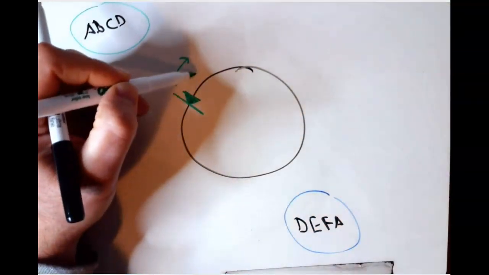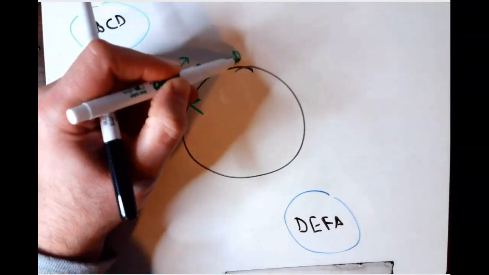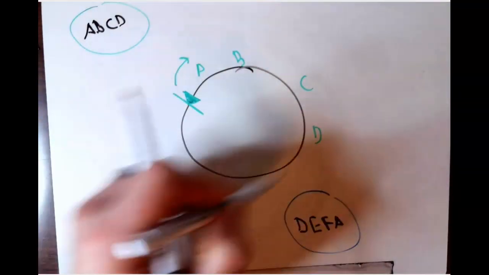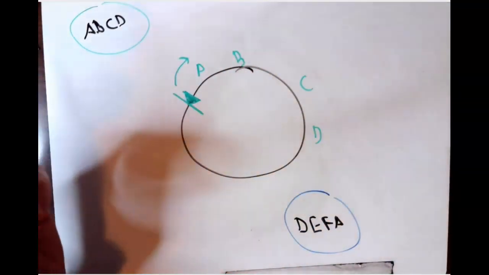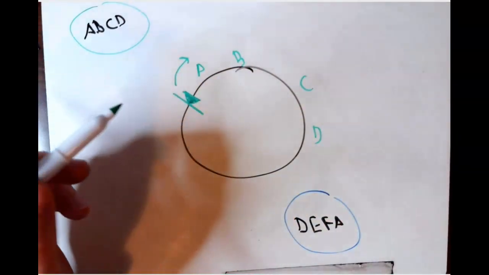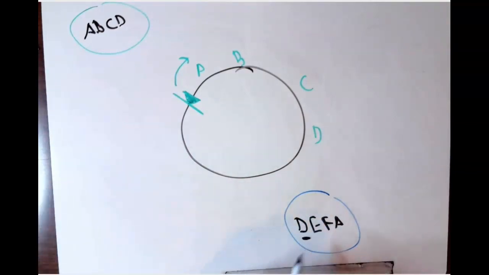For the green insertion site, we get A, B, C, D. We don't know what's going on in the rest of the genome. We have it as a circle because we know the genome has to be circular, but we don't really know the rest of what's going on. Then we look for overlap. We say, well, wait a minute. We have a D in our second insertion site.